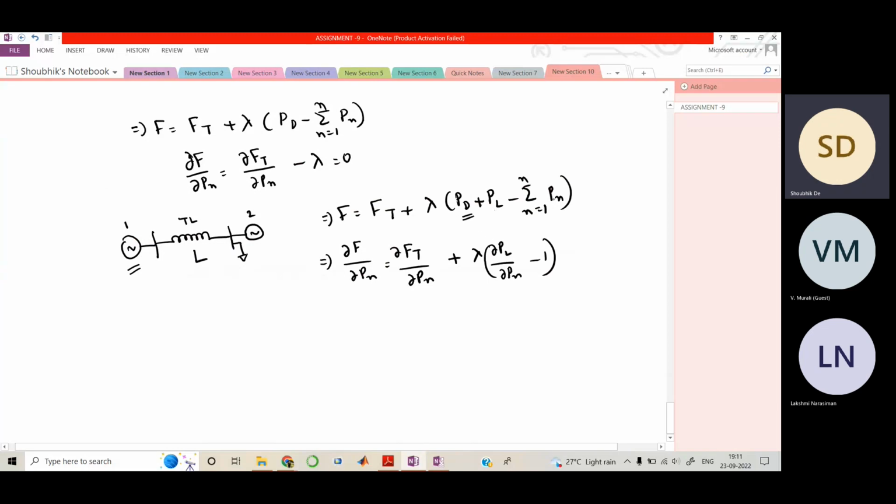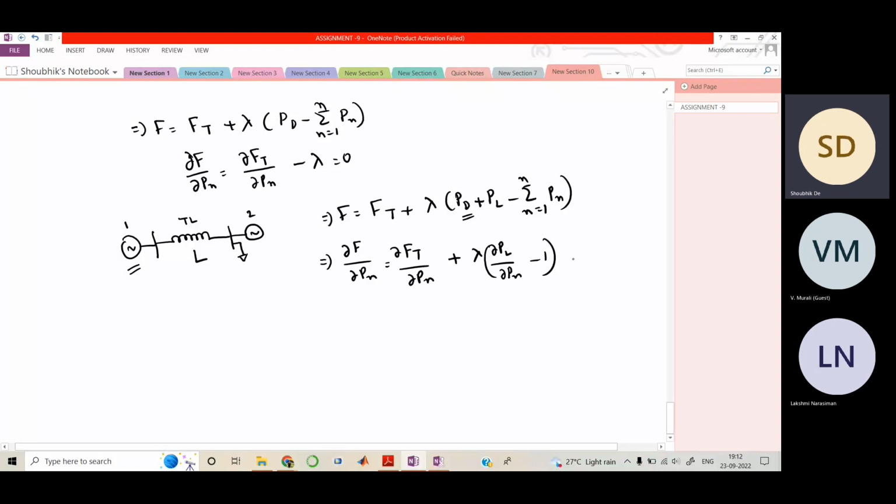PL may vary depending upon the current flow through the line, depending on the generation. So that is why PL is not constant, and we have a term del PL.